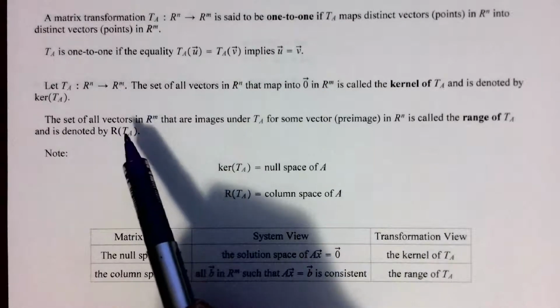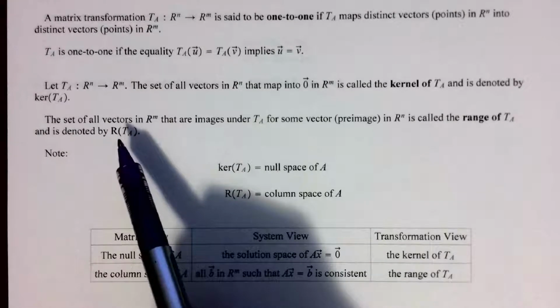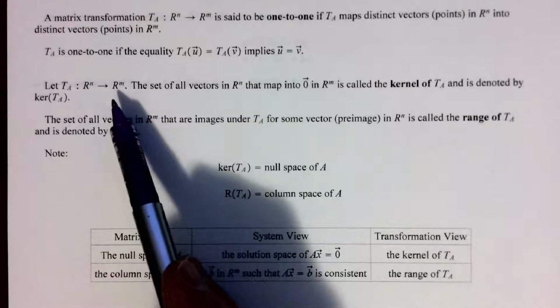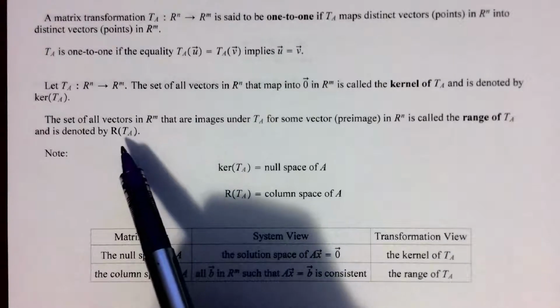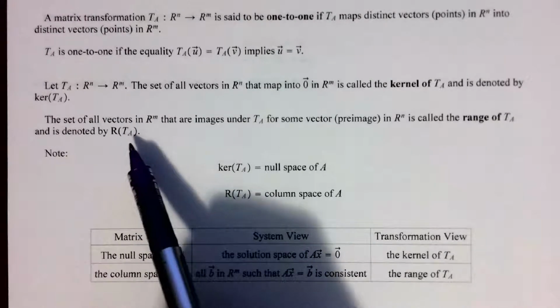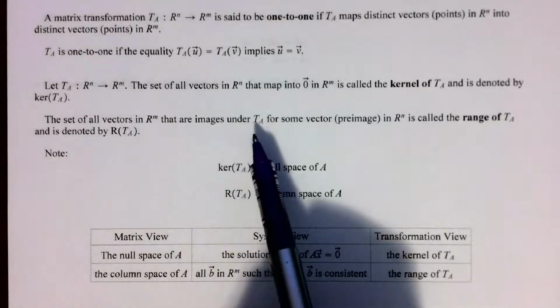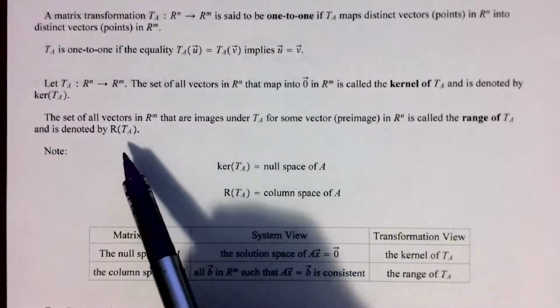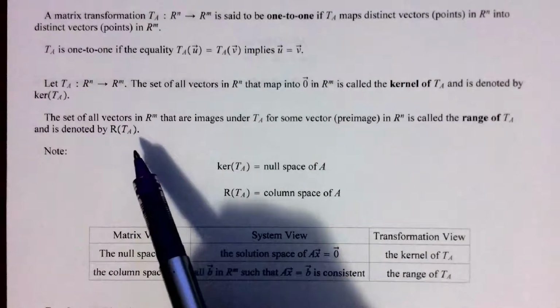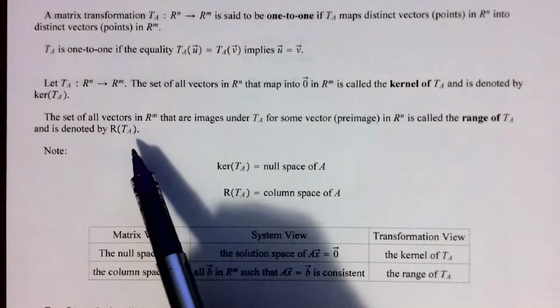In fact, we're going to see it's a subspace of the codomain. Okay, so the range is the set of all outputs that you get under the transformation. As long as there's a vector in the domain that maps to some vector in the codomain, then that vector in the codomain is in the range of the transformation.